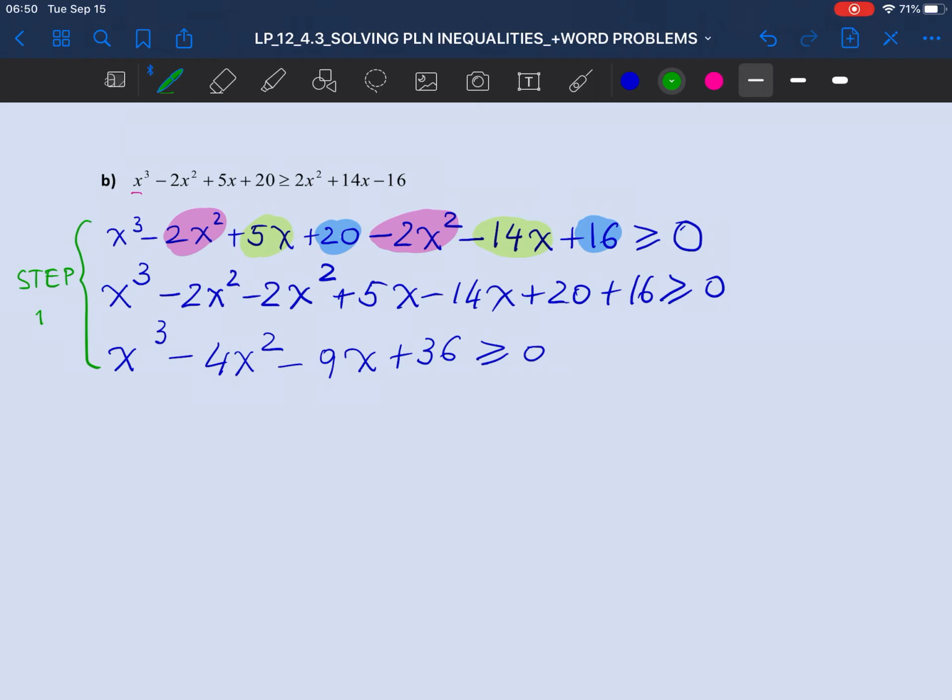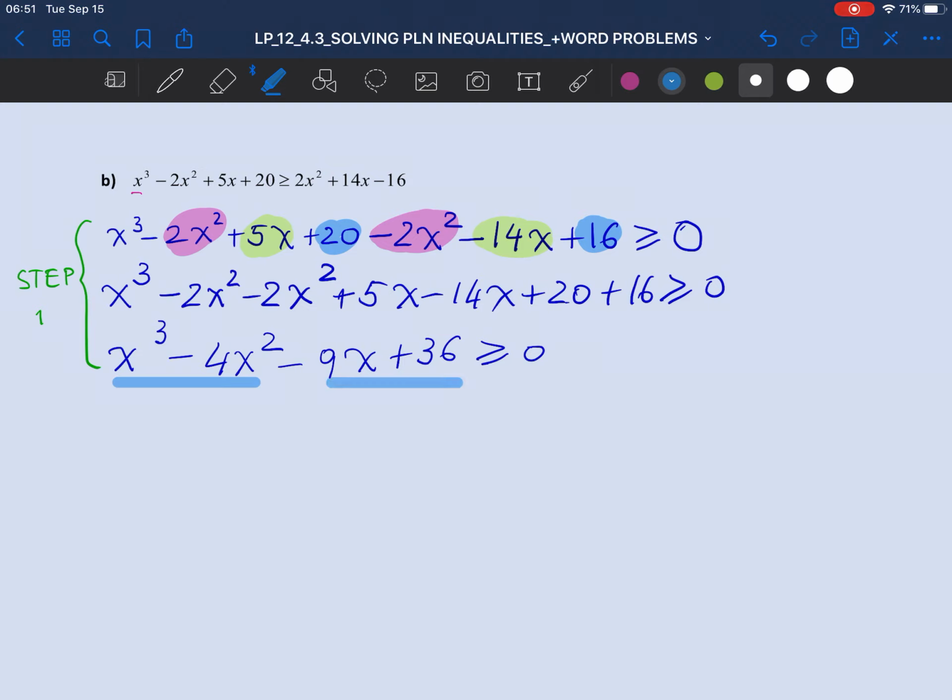Now in the next step we want to factor completely. There are various ways to factor polynomial expressions, and in this case I can see that it is probably possible to factor by grouping. So notice that here we have x cubed minus 4x squared. They have a common factor of x squared.